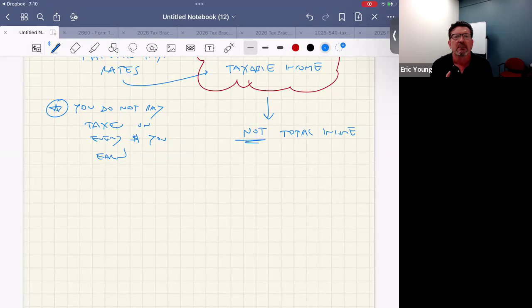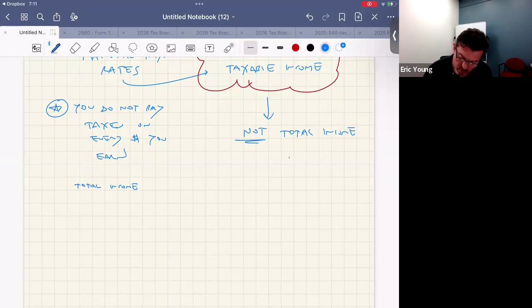Best way to do it is with a little chart. The best way to understand how this works is this. Here's the formula. You start off with your total income. Then you go through a series of adjustments, which we call deductions, to reduce it.